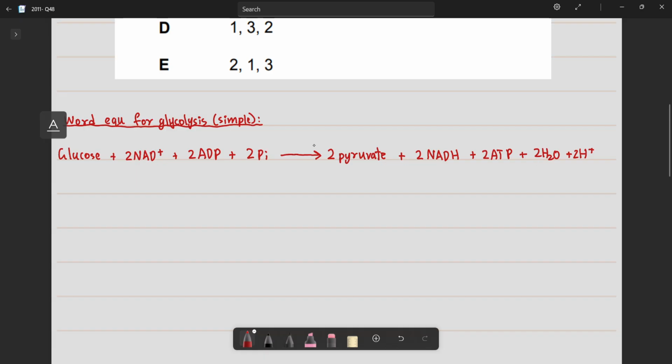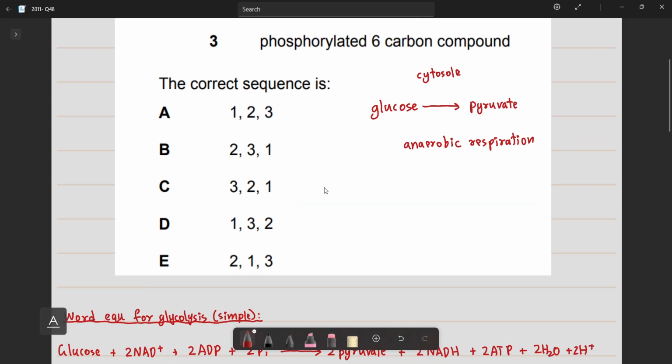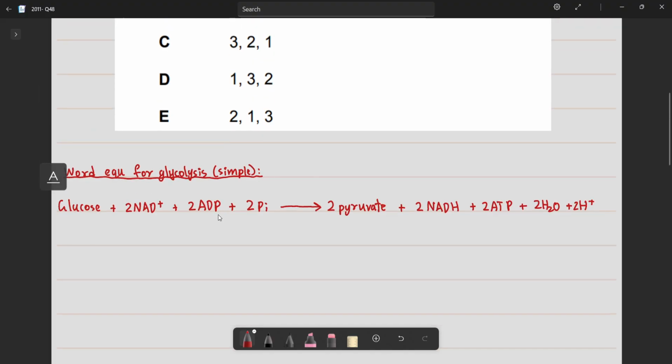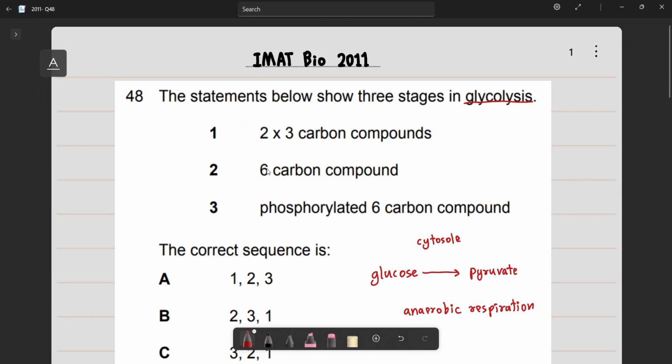So this is the basic word equation for glycolysis. Now, using this, we can solve the question. This is sufficient.